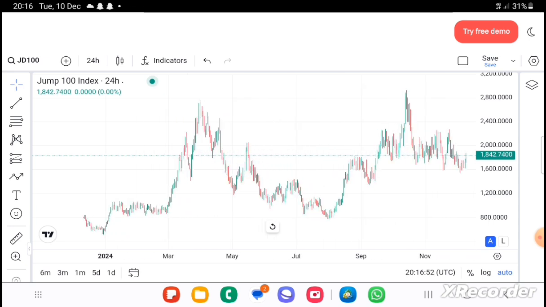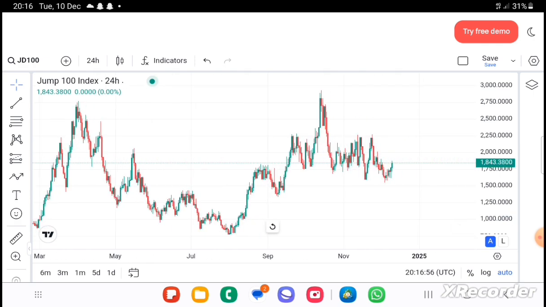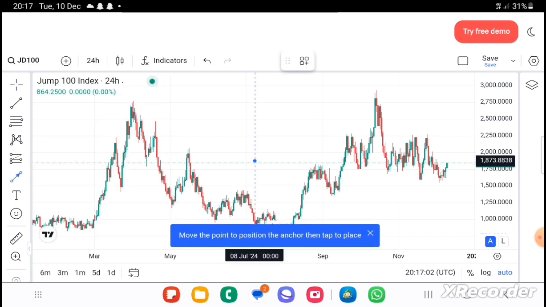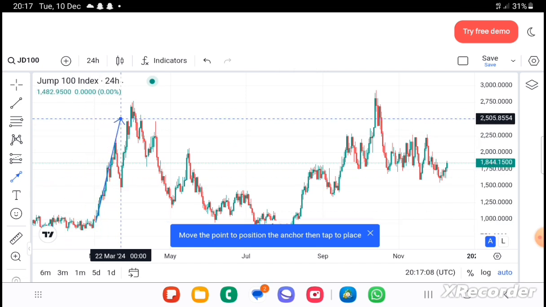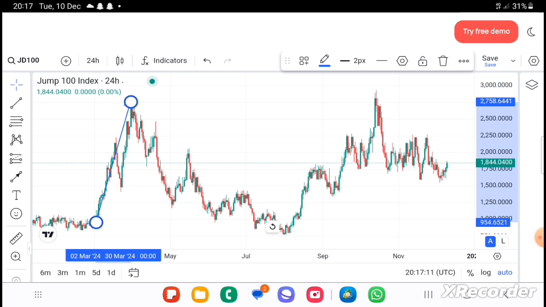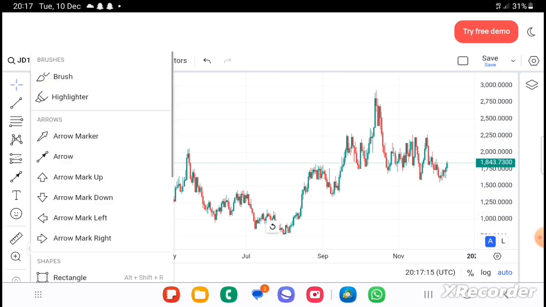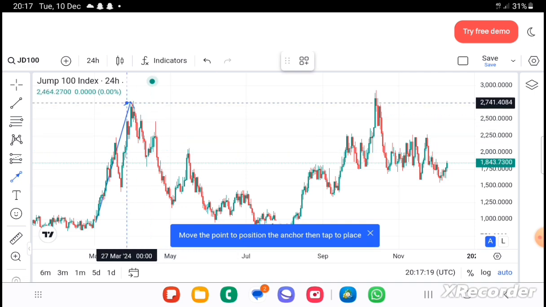Yeah. So Jump 100, the chart is also looking interesting. So you can see that at the beginning of the year, price started on the low and then was bullish, went all the way up. Then later on, we see that price sold off all the way to the downside.